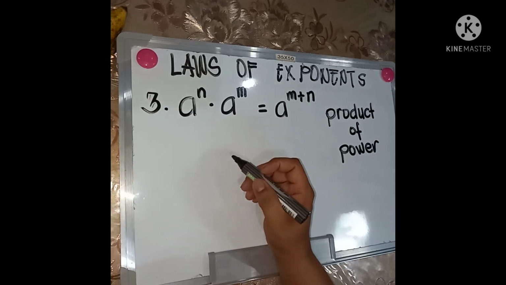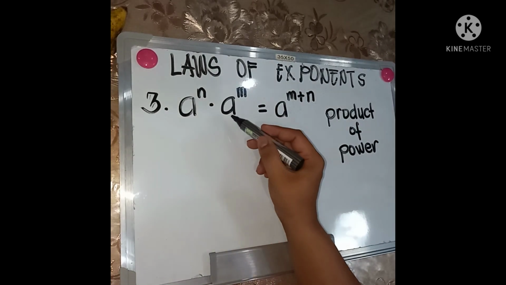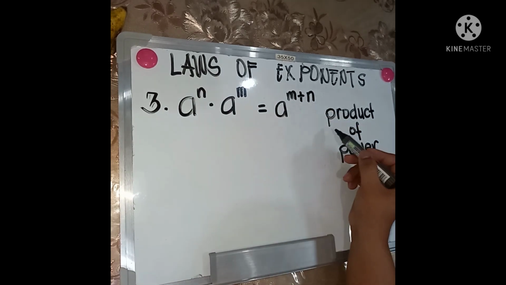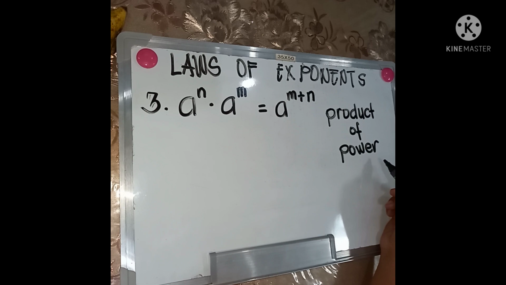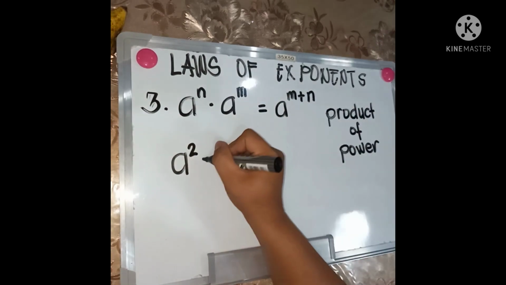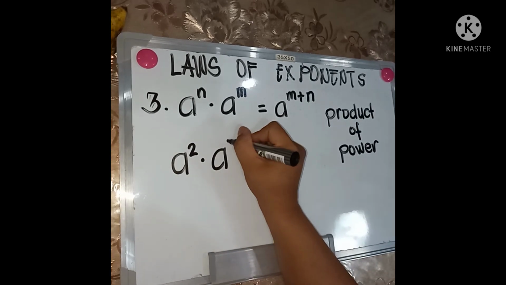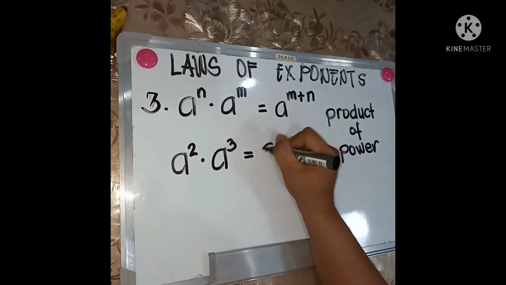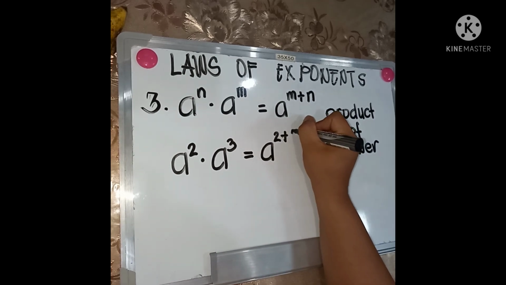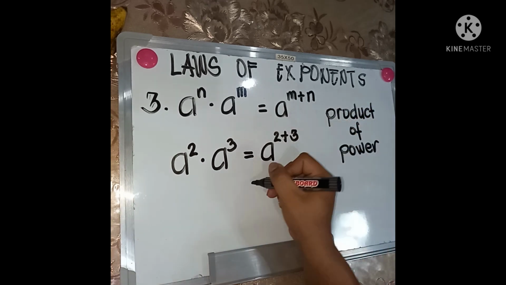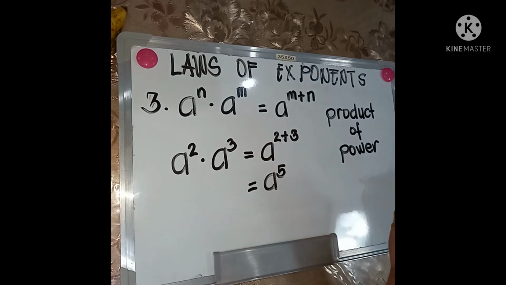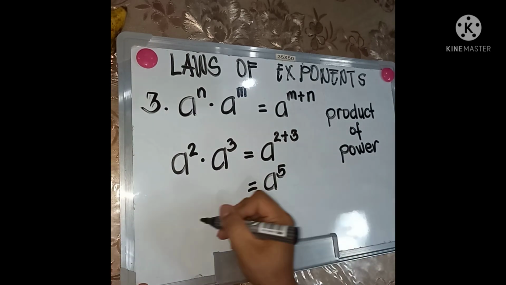Moving forward to the third law of exponent, it states that a to the power of n times a to the power of m is equal to a to the power of m plus n. That is the product of powers. Example, a squared times a cubed is equal to a to the power of 2 plus 3, that is a to the 5.